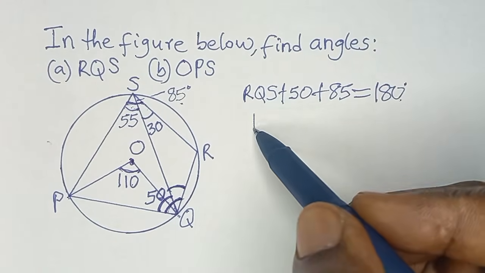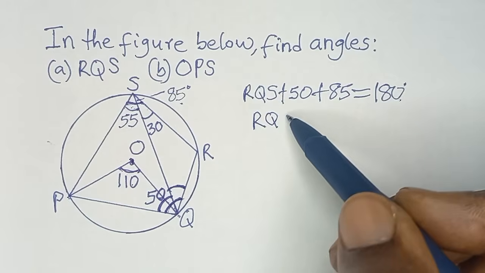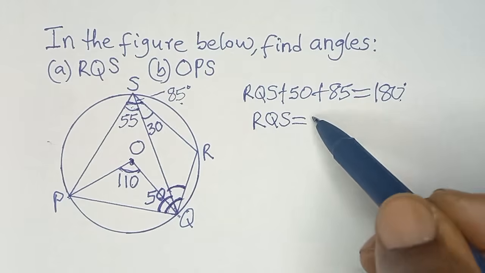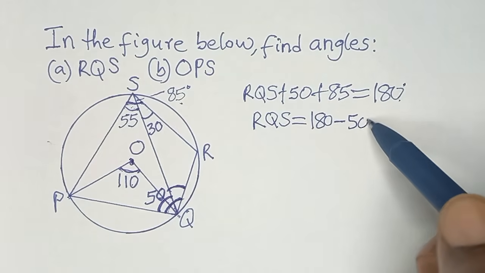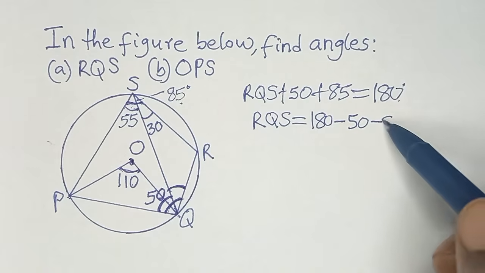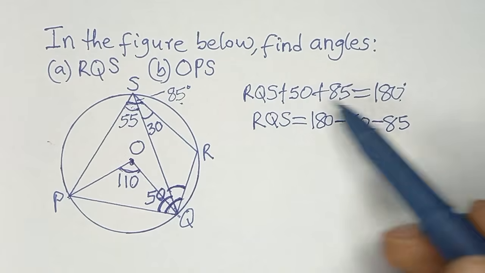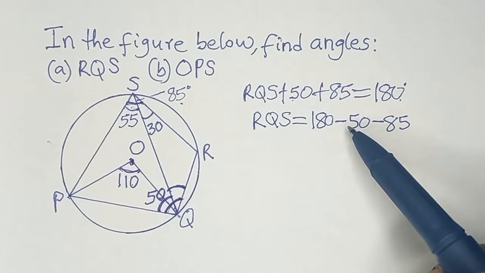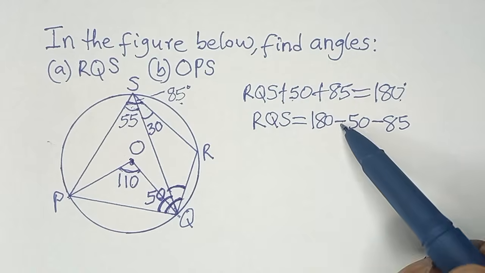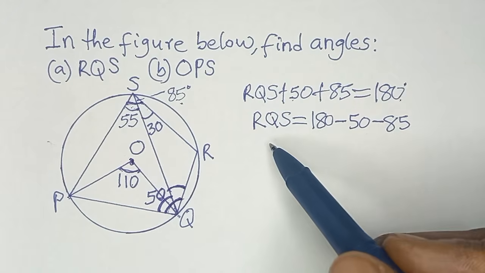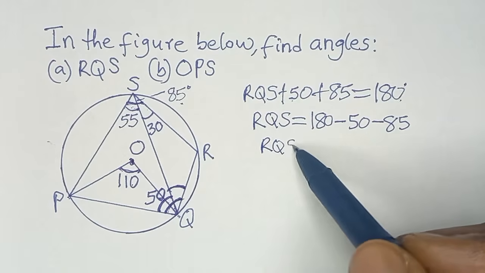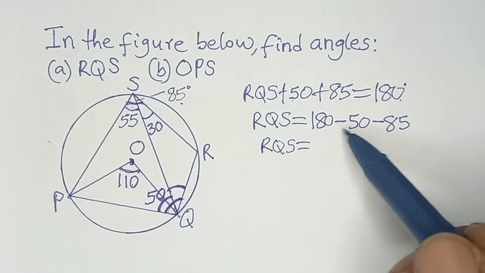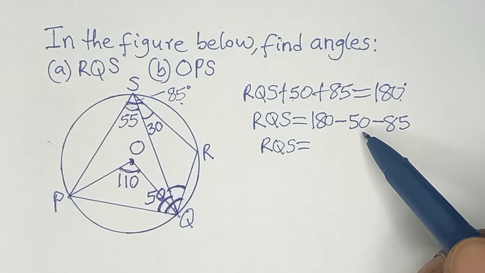So from there, I can get RQS as equal to 180 minus 50 minus 85. Because when these two go to the right hand side, their sign changes from positive to negative. So I have RQS as equal to 180 minus 50, which gives us 130.